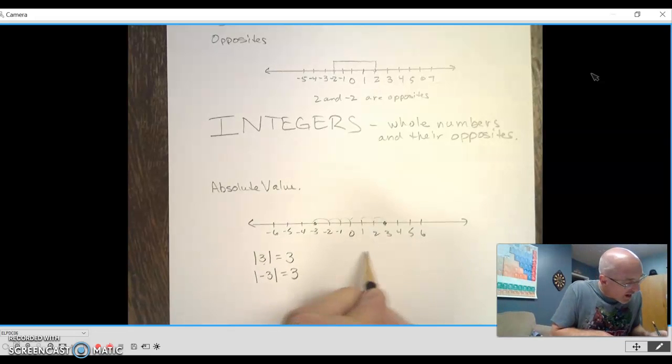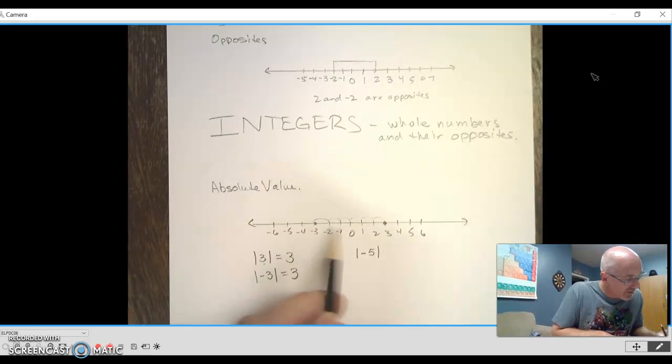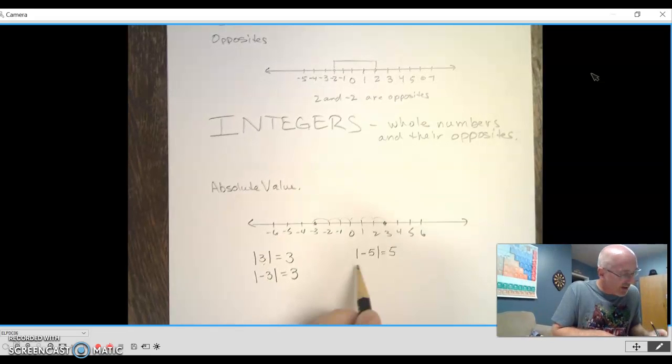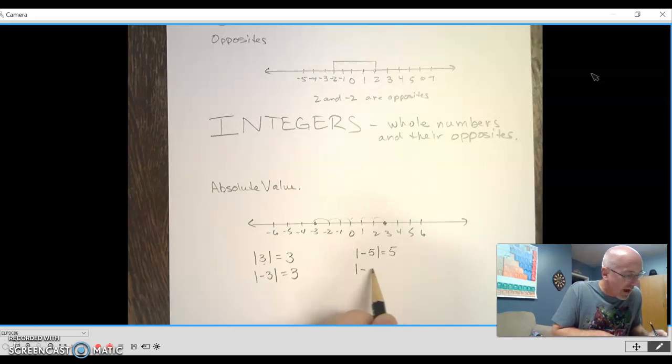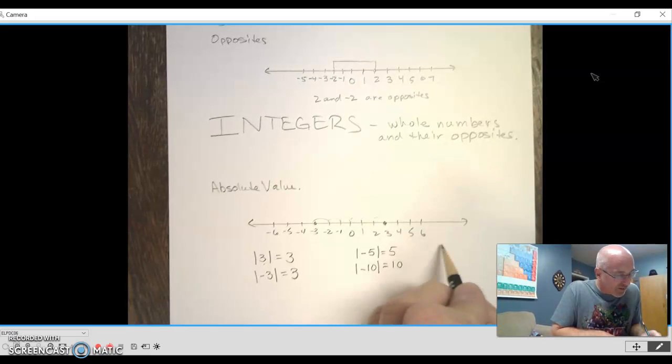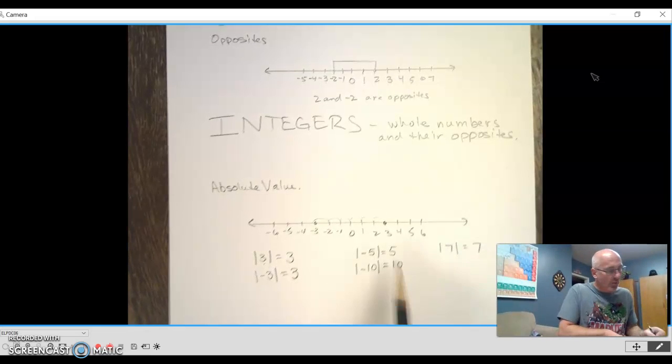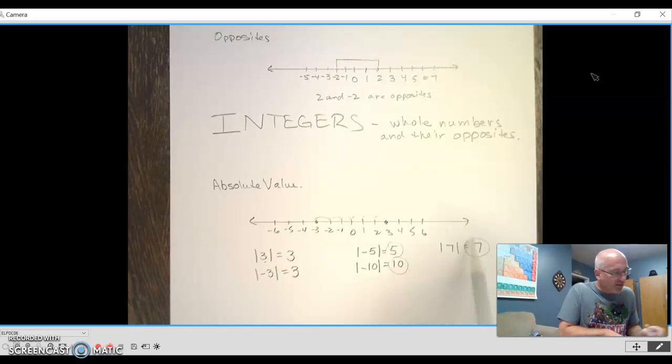So if I said I want the absolute value of -5, 1, 2, 3, 4, 5, it's 5 units away. If I wanted the absolute value of -10, that will be 10. The absolute value of 7 will be 7. So this number is always going to be positive.